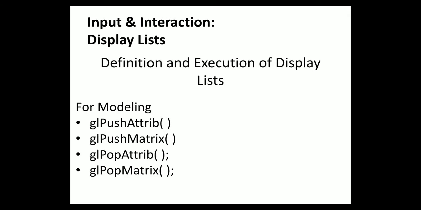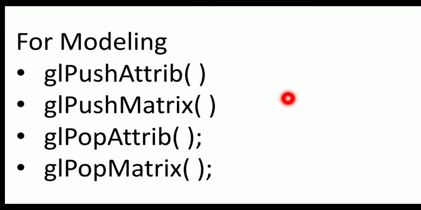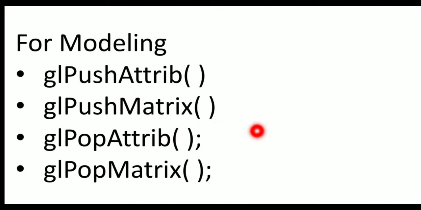Now, the definition of these objects can be done using these functions, which you have already come across in the table program. You have two types, that is matrix functions and attribute functions. Push and pop are the functions used with the stack. So we have two types of stacks here, that is the matrix stack and the attribute stack.